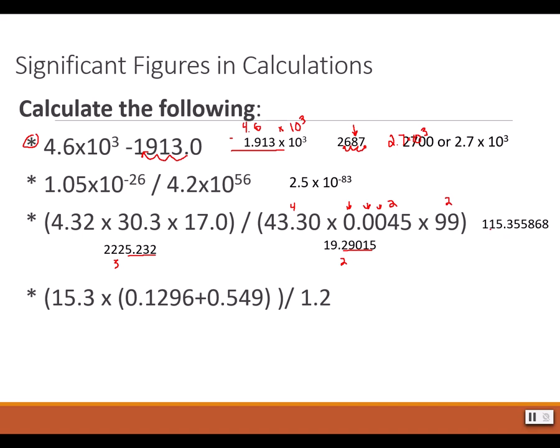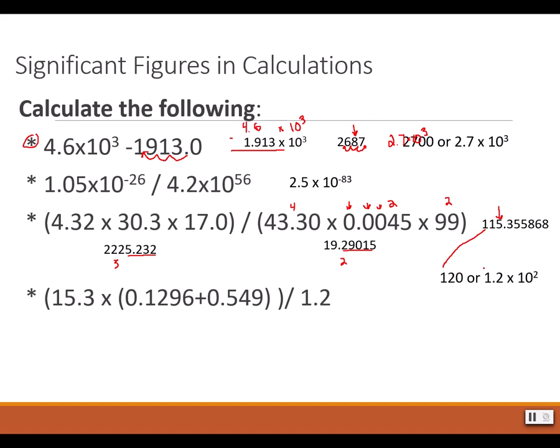It shouldn't just be 11 or 12. I need to round. So my answer is going to be the 1. And then this number gets rounded because the first number that is not significant is 5 or greater. So it gets rounded up to a 2 and becomes a placeholder.